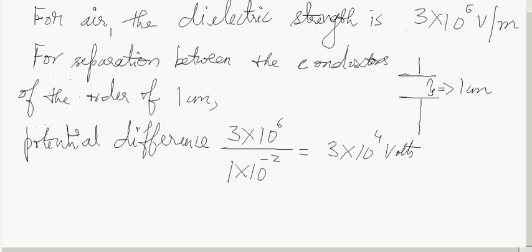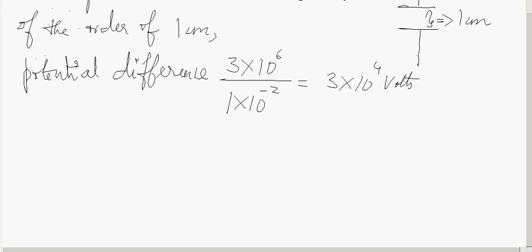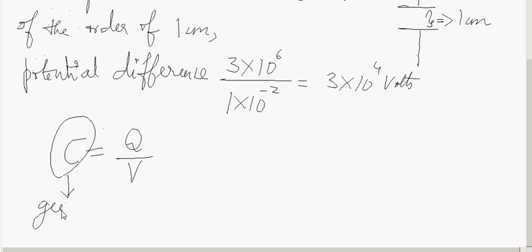That is why capacitors are expressed in microfarad, nanofarad, picofarad. Micro, we know, is 1 into 10 to the power minus 6. Nano is 1 into 10 to the power minus 9. Pico is 1 into 10 to the power minus 12.